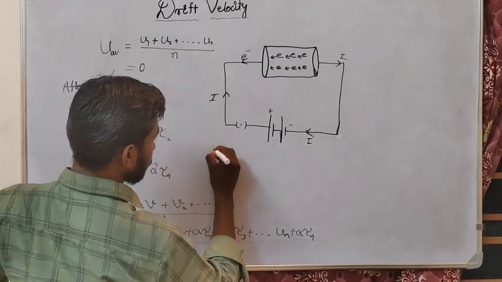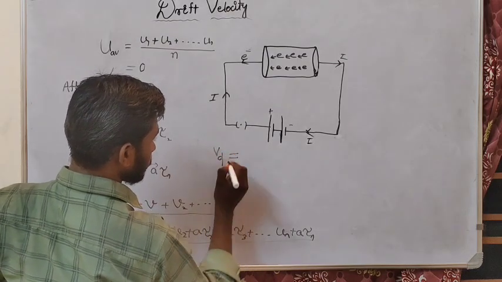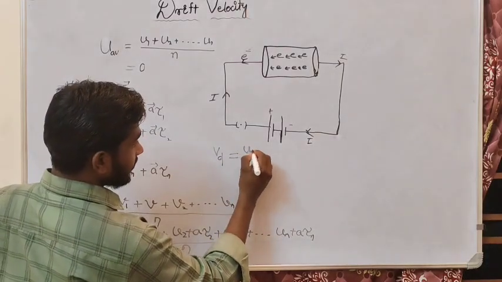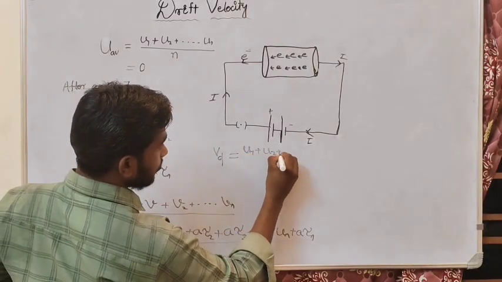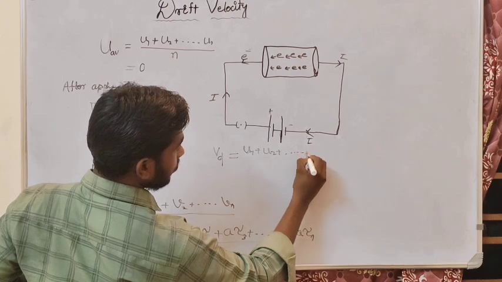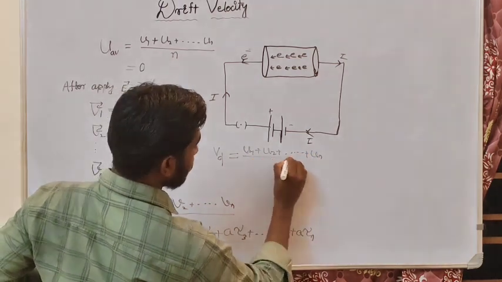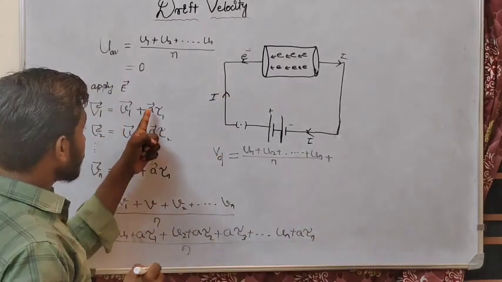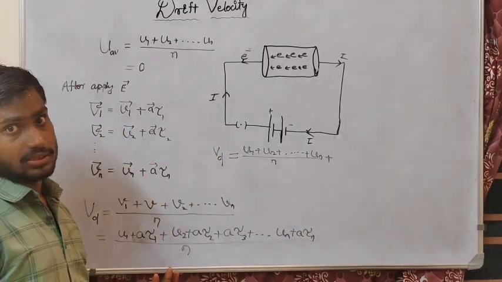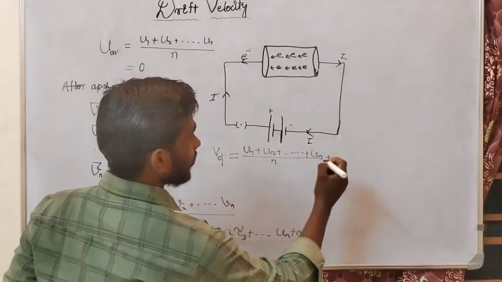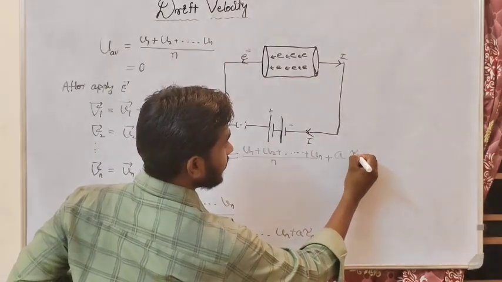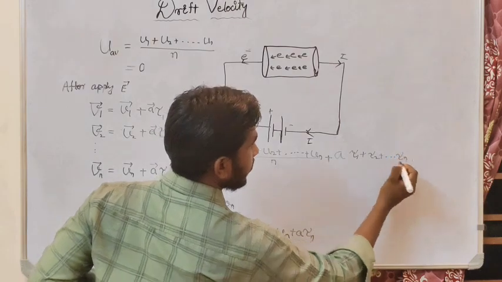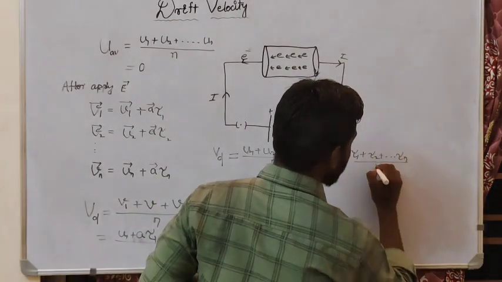Now we can separate u1 plus u2 up to un, divided by n, and here the acceleration is constant, so we can take a common, times tau 1 plus tau 2 up to tau n, divided by n.